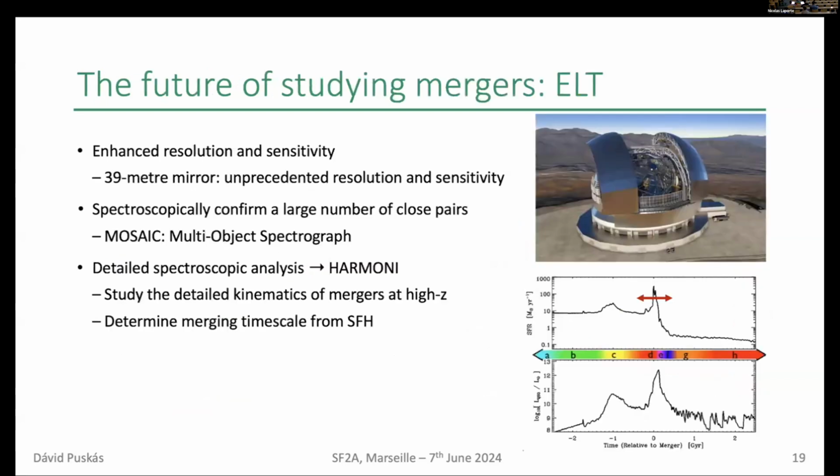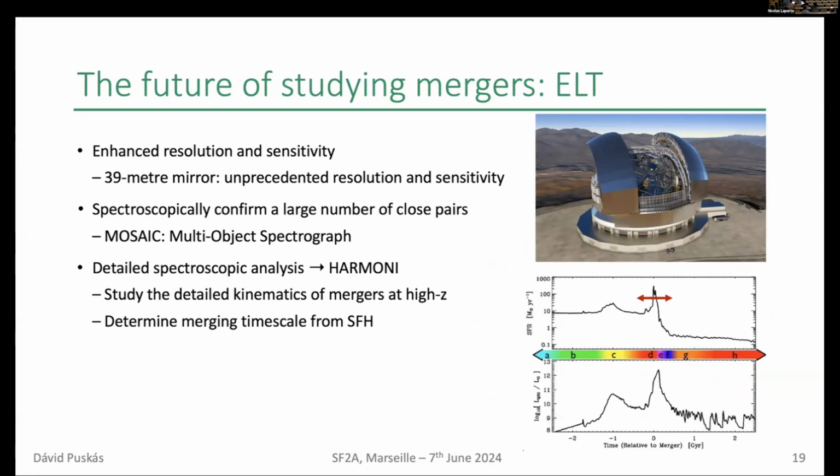And finally, just to highlight the future of studying mergers with the ELT, as we heard in the excellent review talk before me, it has an unprecedented resolution and sensitivity. So firstly, we could confirm a lot of merger candidates spectroscopically using the MOSAIC instrument.